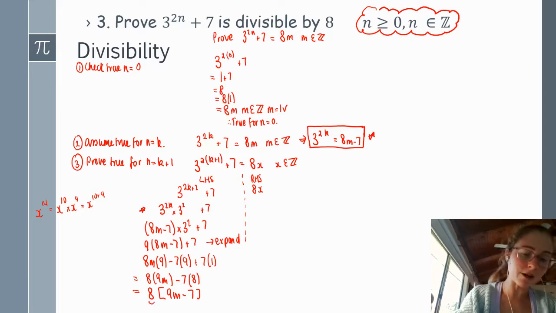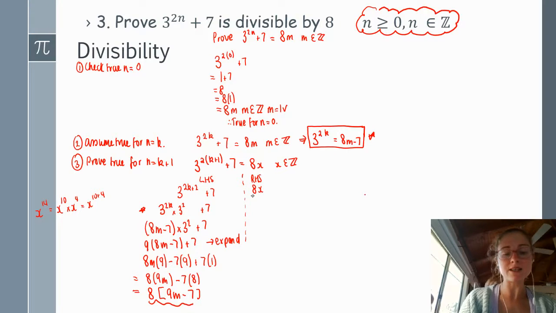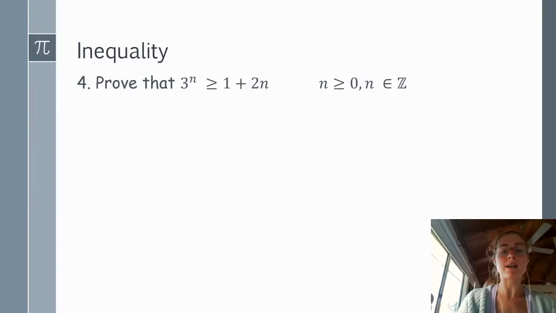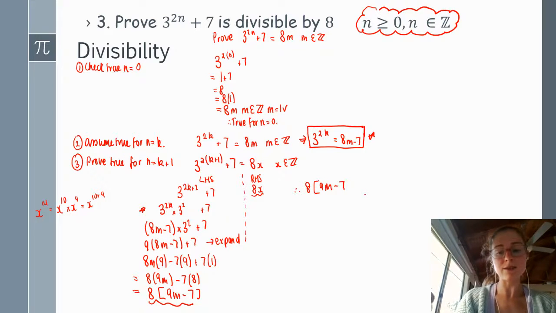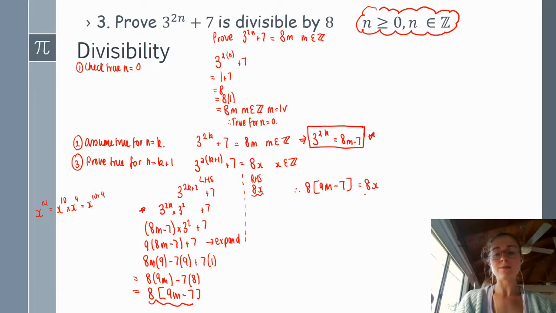And this is what I want, hey, because I have 8 times something here on my left-hand side and 8 times something here on my right-hand side. So, therefore, 8 times 9m minus 7, that is of the form 8x, right?